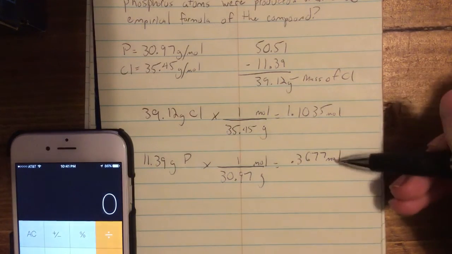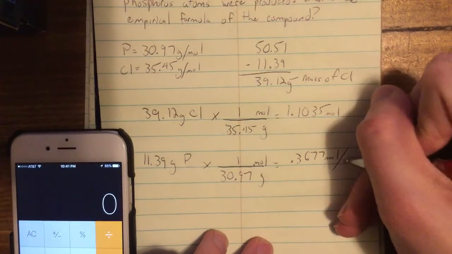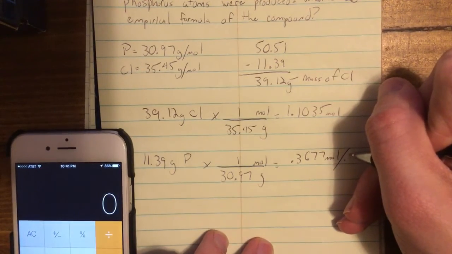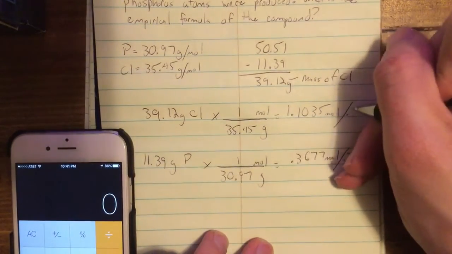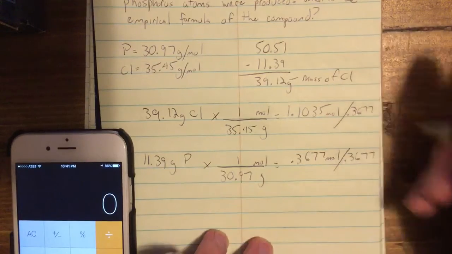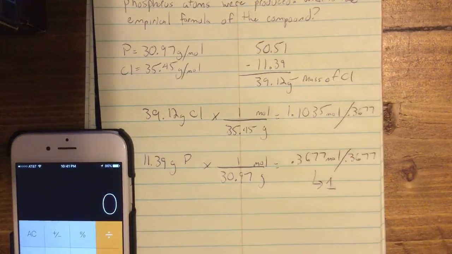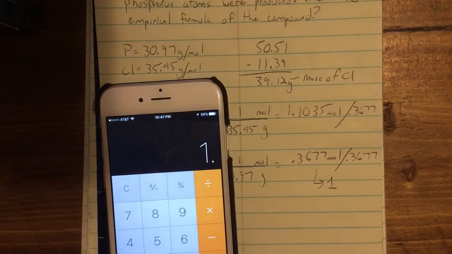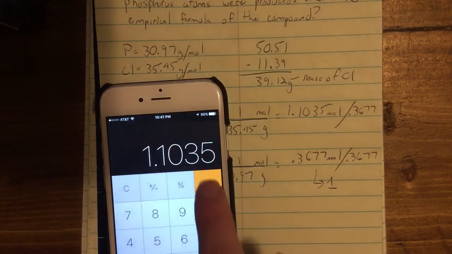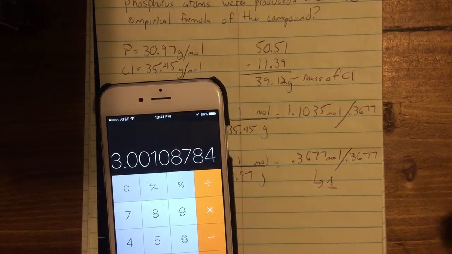Okay, so now that we've converted to moles, we've got to figure out which value is the smallest. It's fairly easy. It's going to be the 0.3677. So we divide both values by 0.3677. This is obviously going to be 1, and then 1.1035 divided by 0.3677 comes to 3.00108.